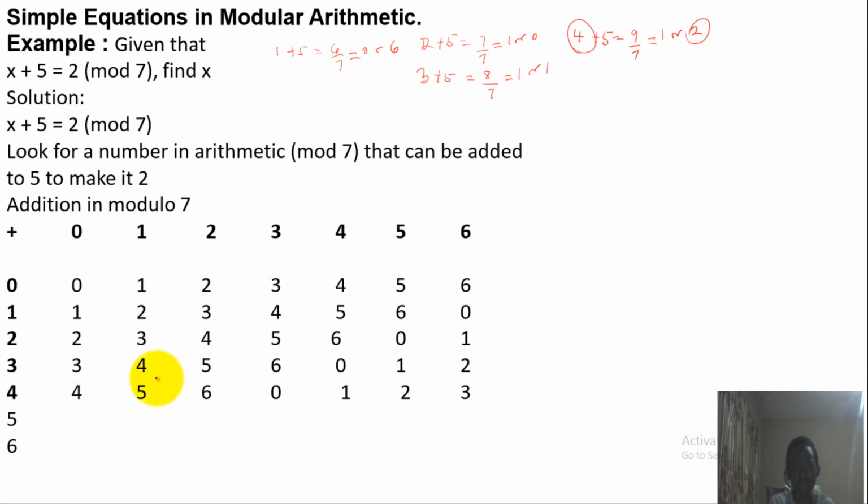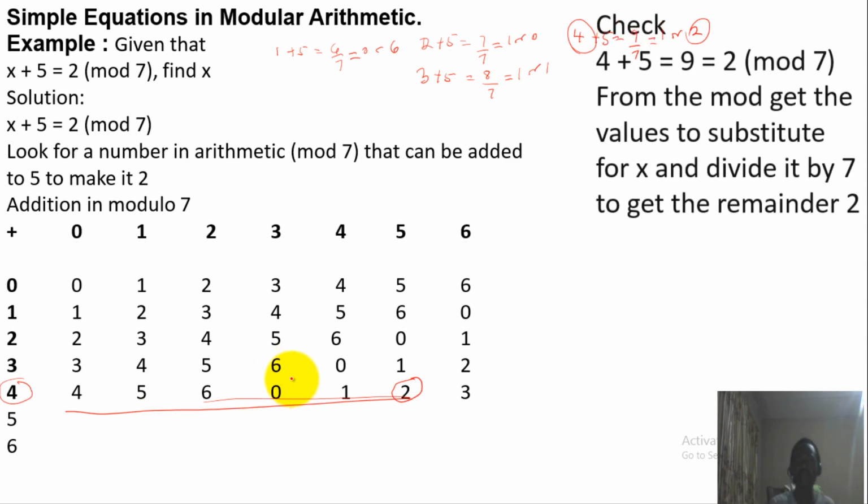If you add 5 to 0, you have 5; add 5 to 1, you have 6, and so on, until you get the one that will give you 2, which should be 4. In this particular scenario, 5 plus 4 will give you 2.